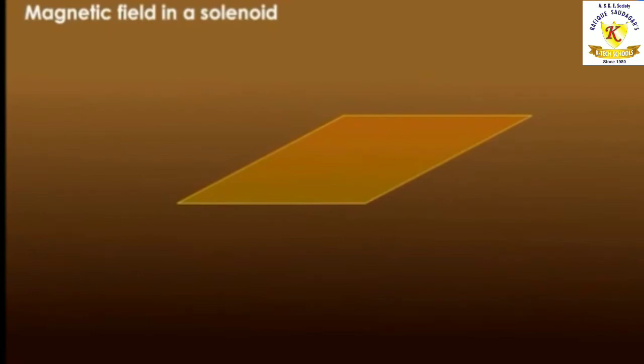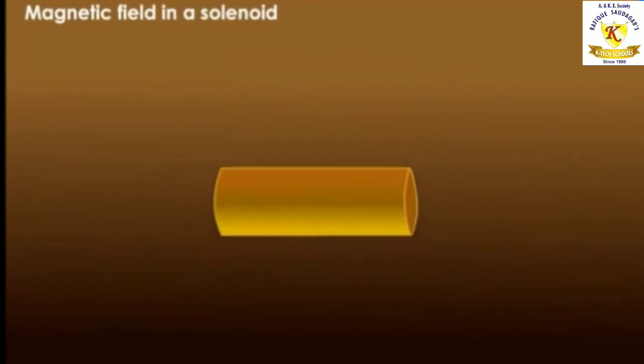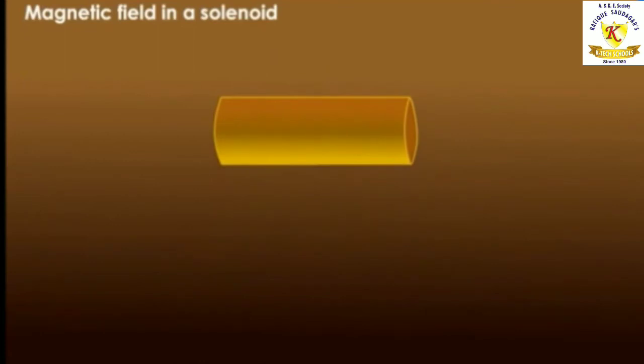Magnetic field in a solenoid. So let's see what it is. Let us study first what is a solenoid. An insulated copper coil is wound around some cylindrical cardboard or a plastic tube such that the length of the coil is greater than its diameter.